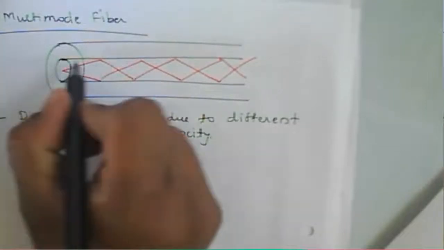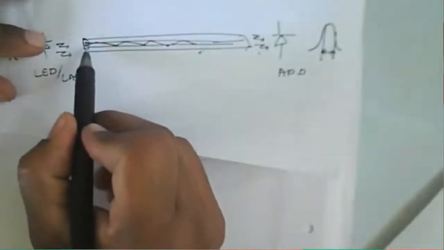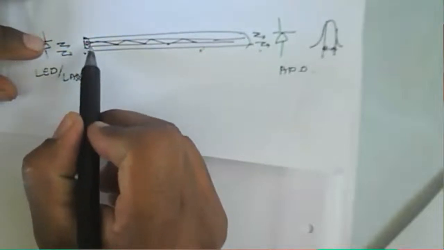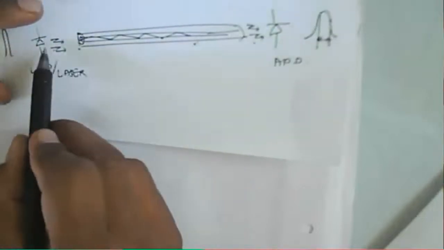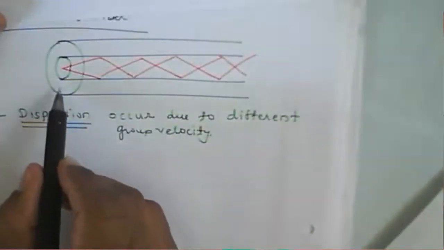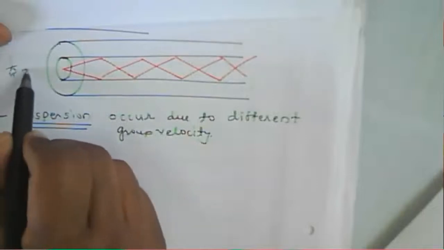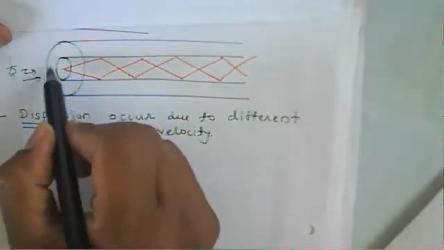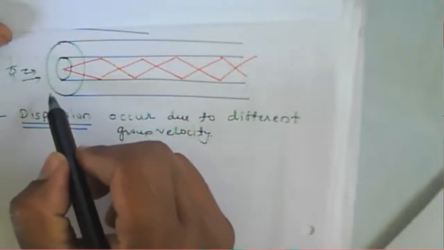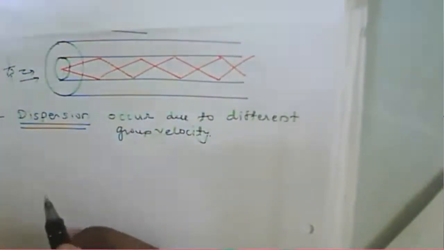And then as compared to the single mode fiber, the core diameter is small, and due to the small core diameter, coupling from the source to the fiber is very difficult. But in the case of multimode fiber, if we couple the source here, it will be easily coupled because the core diameter is large. So we can use any source.